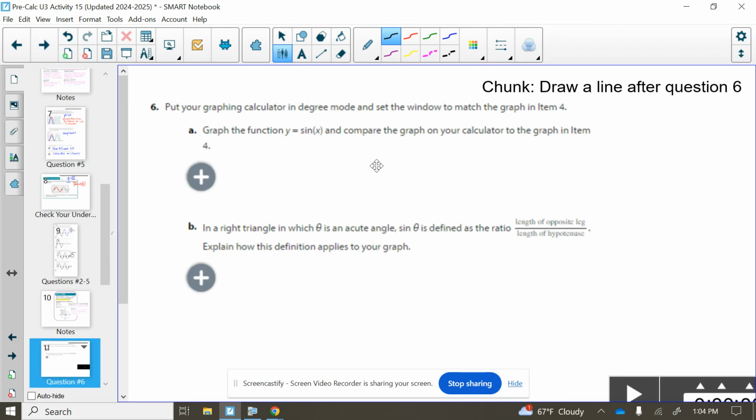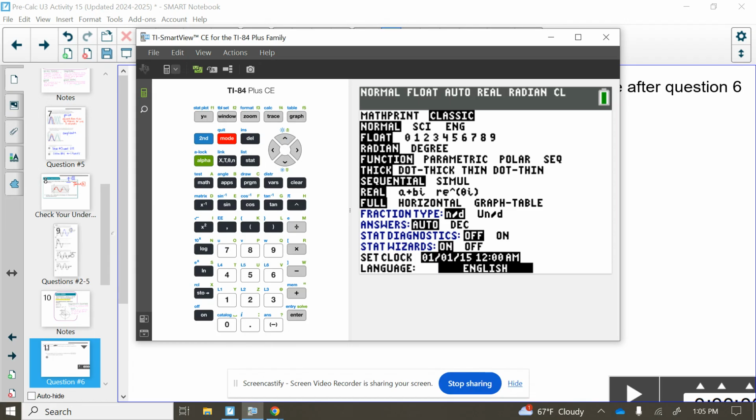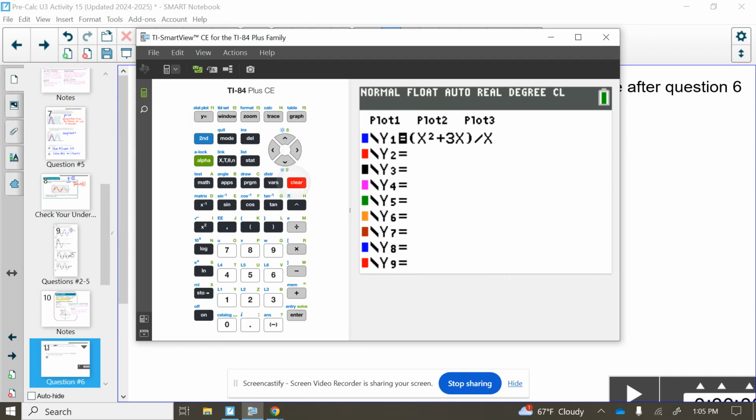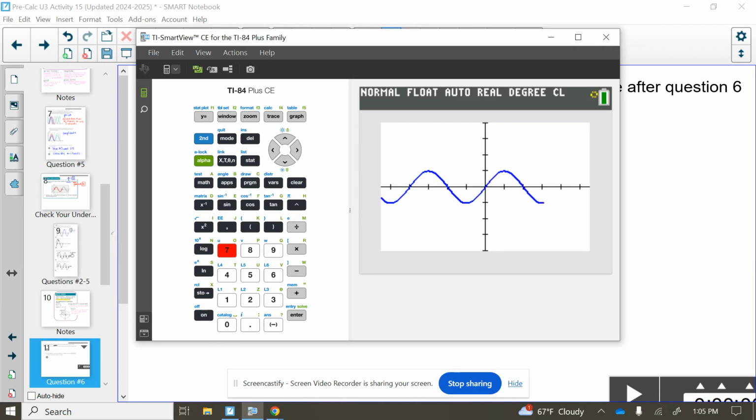So if we take our calculators and we put our mode in degrees, so you're under your calculator mode menu, and you make sure your calculator is in degrees. And we go under our graph and we change this to be sine of x. And if we zoom, option 7 trig, again, what we're going to see is a little bit of this graph. Now, we can adjust our window on this.